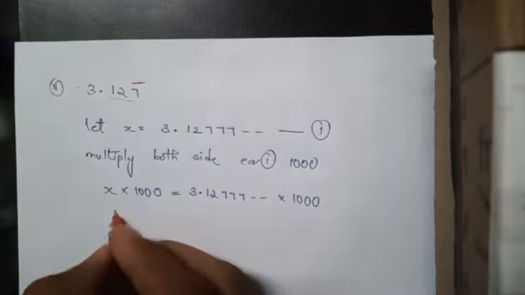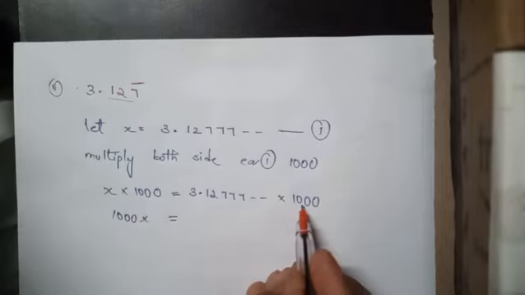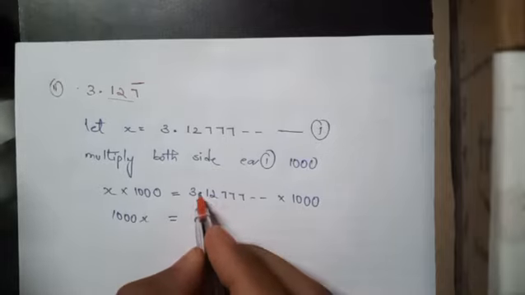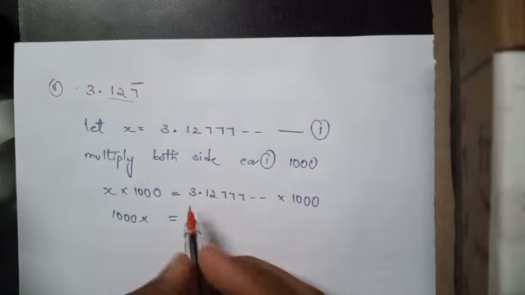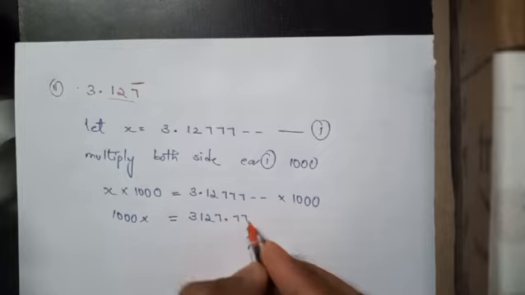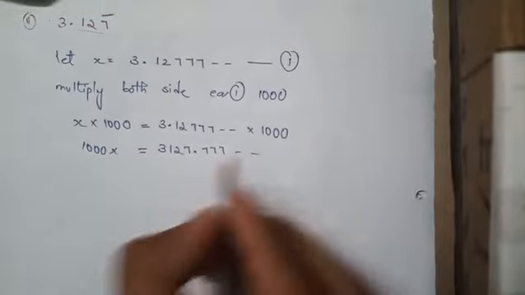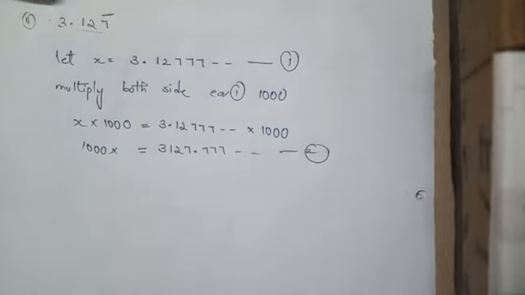For 1000x, we move the point 3 places to the right, 1, 2 and 3, giving 1127.777 and so on. This is considered equation number 2.